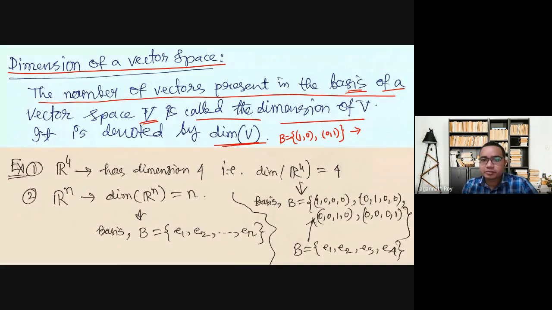Since if you remember the standard basis for R2, the dimension of this basis for R2 is denoted by dimension of V, and here R2 is actually 2. Since our school level, we have been saying that this R2 is a two-dimensional space.